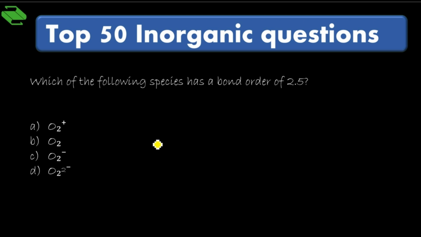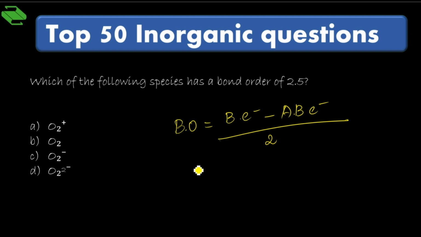Then which of the following species has a bond order of 2.5? If you are asking about the bond order, we know very well that bond order is equal to bonding electrons minus antibonding electrons divided by 2, or 1 by 2 of this. So which becomes O2 plus, which has 11 electrons.